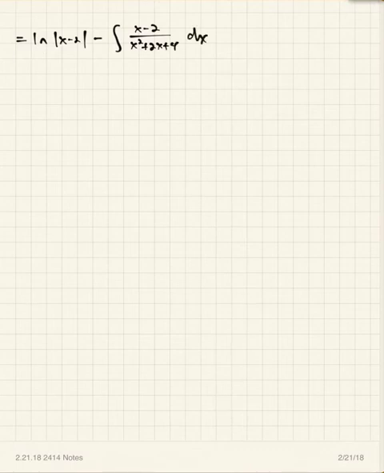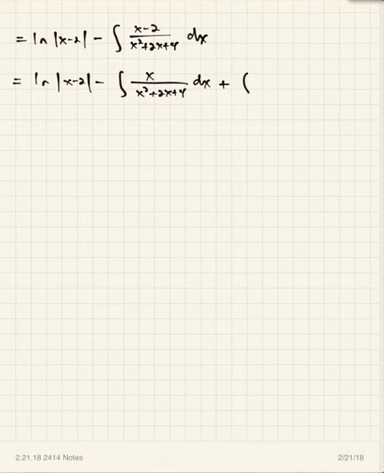Now, it might remind you of a logarithm possibly, and so that might be a way to deal with this problem. So first thing we're going to do is split this integral up and put an x in this numerator, and then plus, because that negative sign distributes through, this would be plus 2 over x squared plus 2x plus 4.